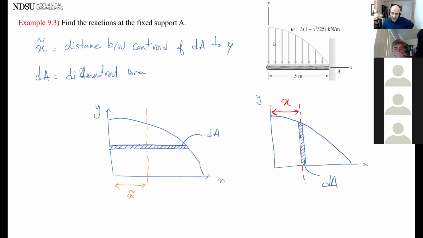So what is the x tilde for this situation here? Is it just half the length of your dA? Which is what?